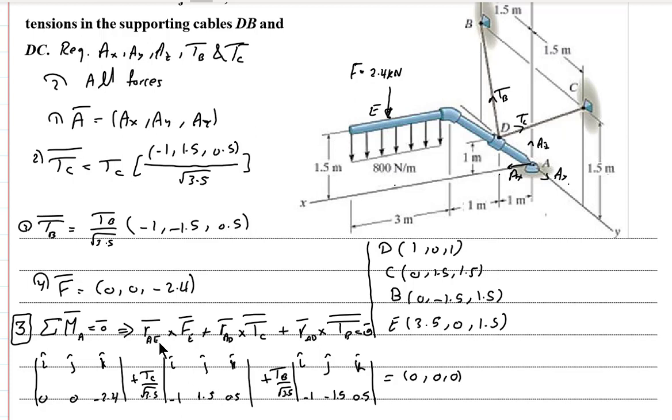And in the second row we can write the coordinates of E and D here. Okay, 3.5, 0, 1.5, and for D we have 1, 0, 1 and also here 1, 0, 1.